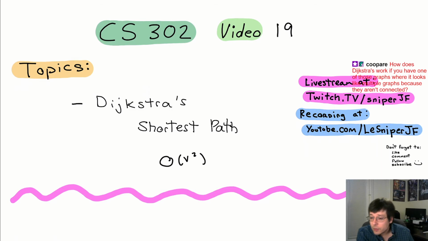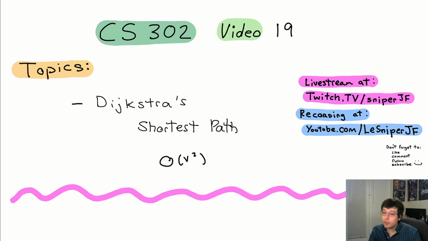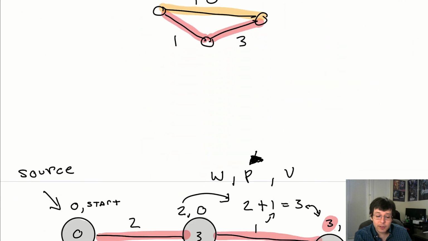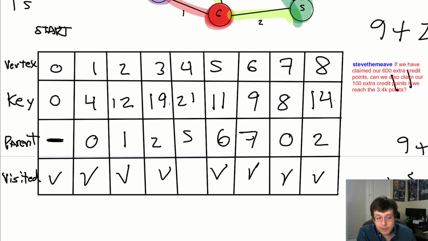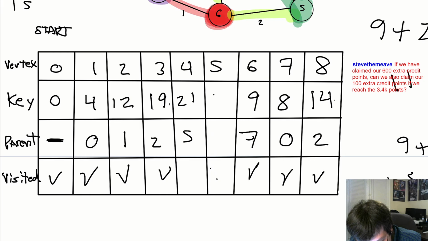How does Dijkstra work if you have one of those graphs where it looks like multiple graphs because they aren't connected? So Dijkstra is going to get you the shortest path to all of the vertices that it can reach. And for the ones that it cannot reach, those are going to remain as infinity. Let's say that when you finish the algorithm, this was left at infinity and you never visited it.